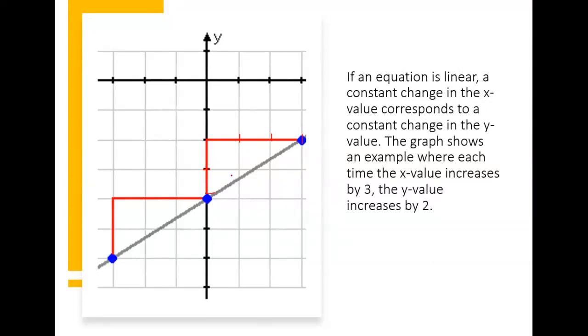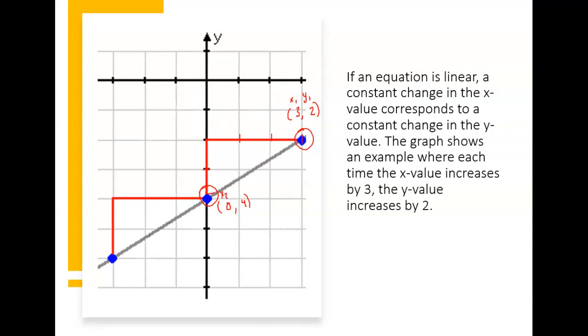Specifically, if we looked at these 2 points, this point has an x value of 3 and a y value of 2. So this is your x1, y1. And for this one, you have an x value of 0 and a y value of 4. So 1, 2, 3, 4.